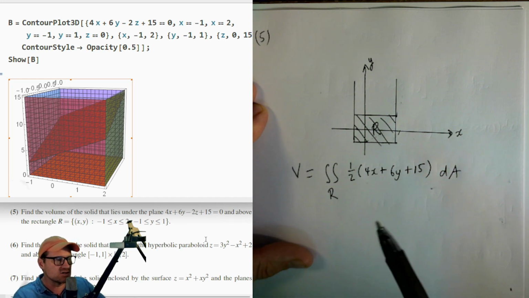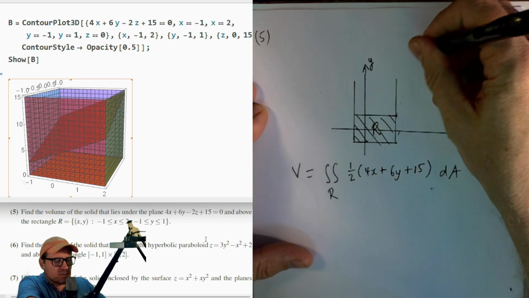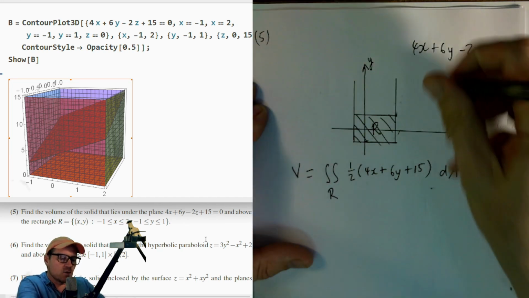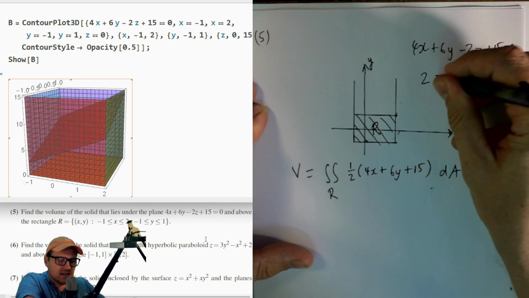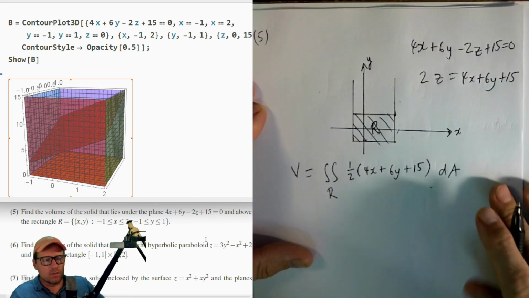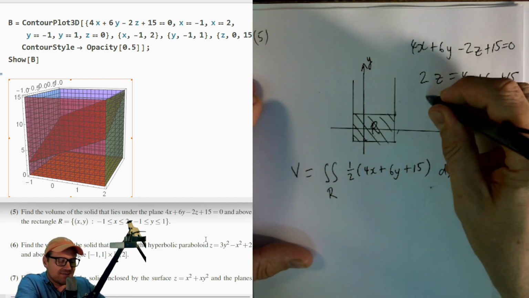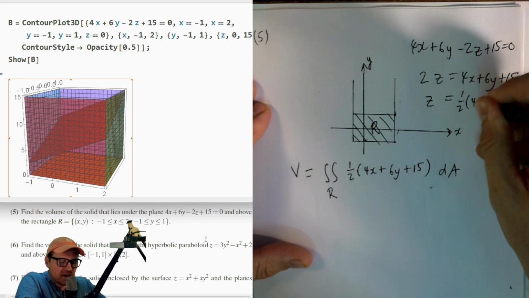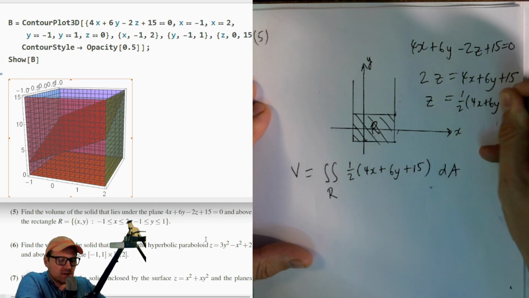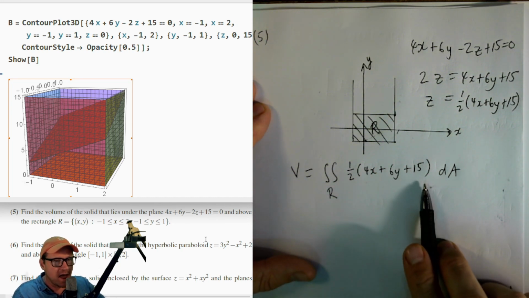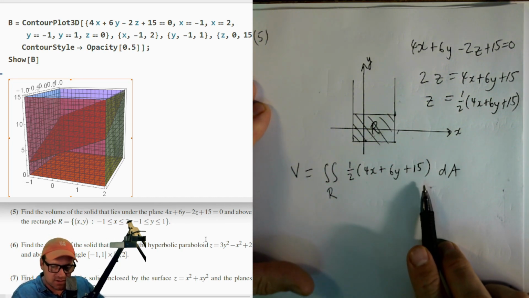Well, what I've done here is just taken the equation for this plane, taken the minus 2z over to the other side of the equation so that we have 2z equals 4x plus 6y plus 15. Then we divide that by 2, so we have z as a function of x and y. So that's 1/2 of 4x plus 6y plus 15. Okay, and so now we can expand that 1/2 in. That might make it easier to integrate.